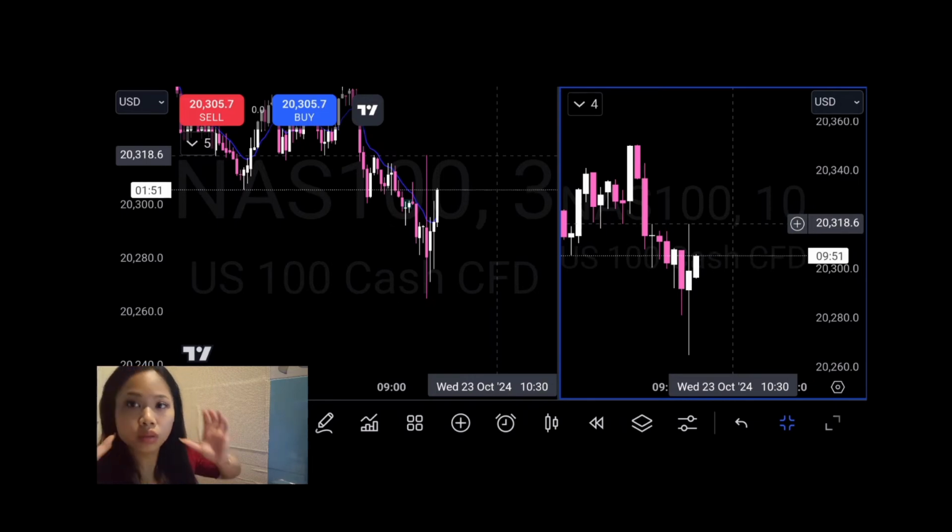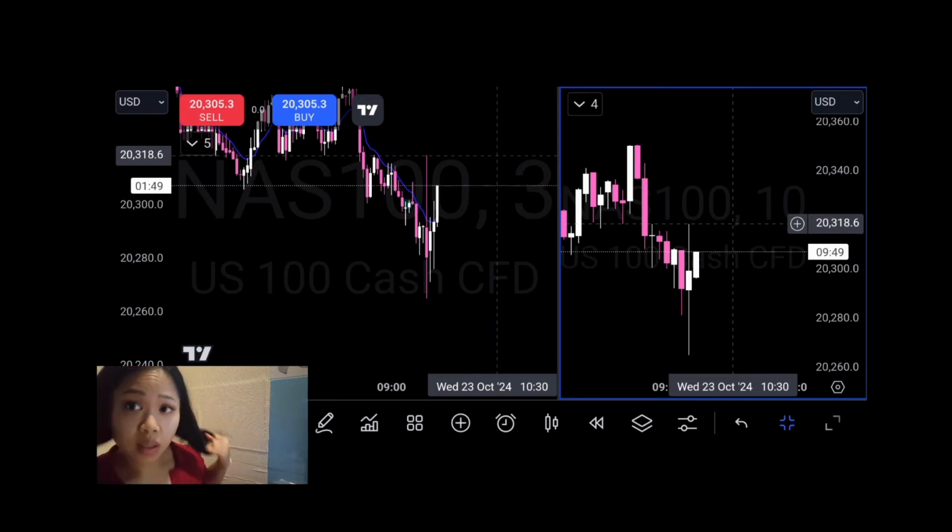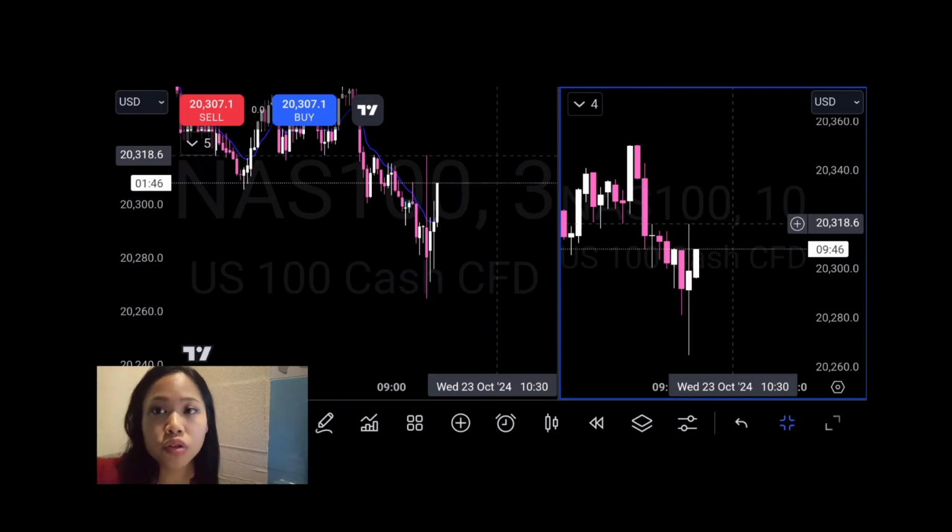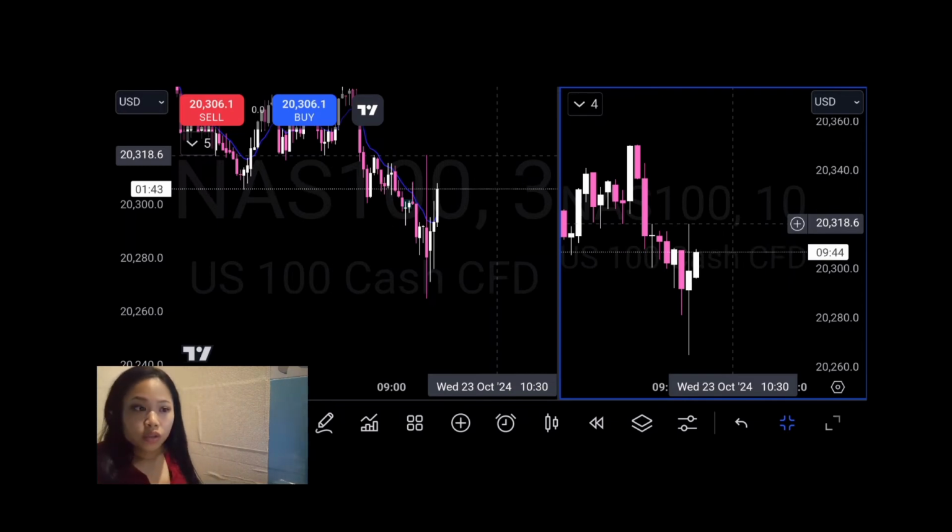We'll see how price reacts here. Like I said, because of that low that price just took out, it could just be finished with the downside.